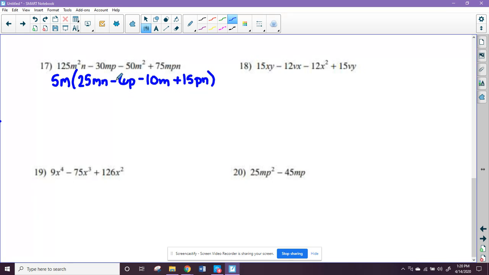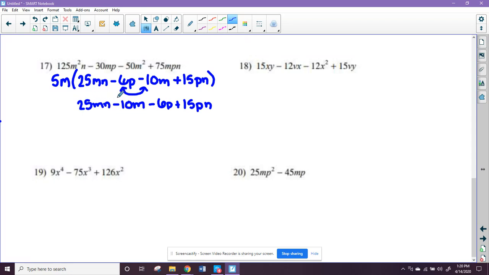But what if we just switch these 2 terms? And we write 25mn minus 10m minus 6p plus 15pn.